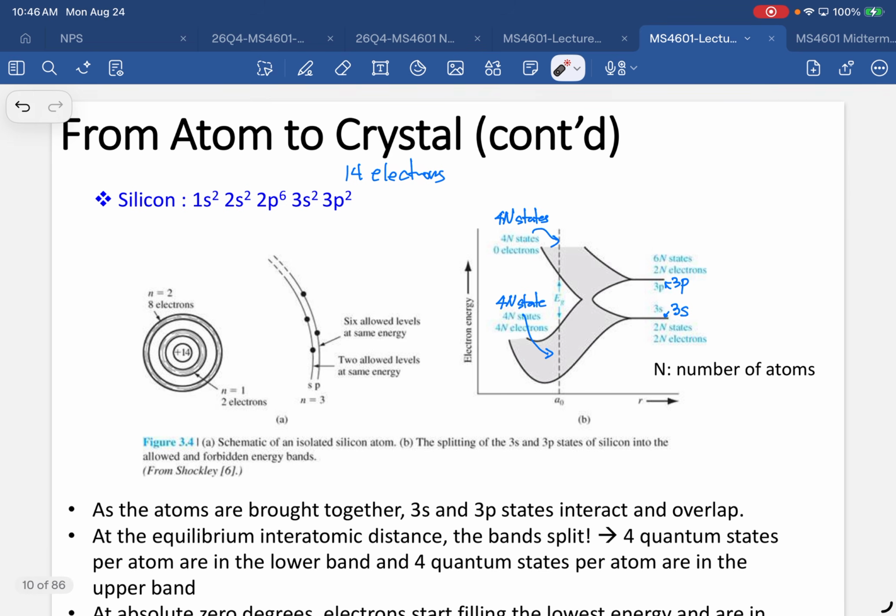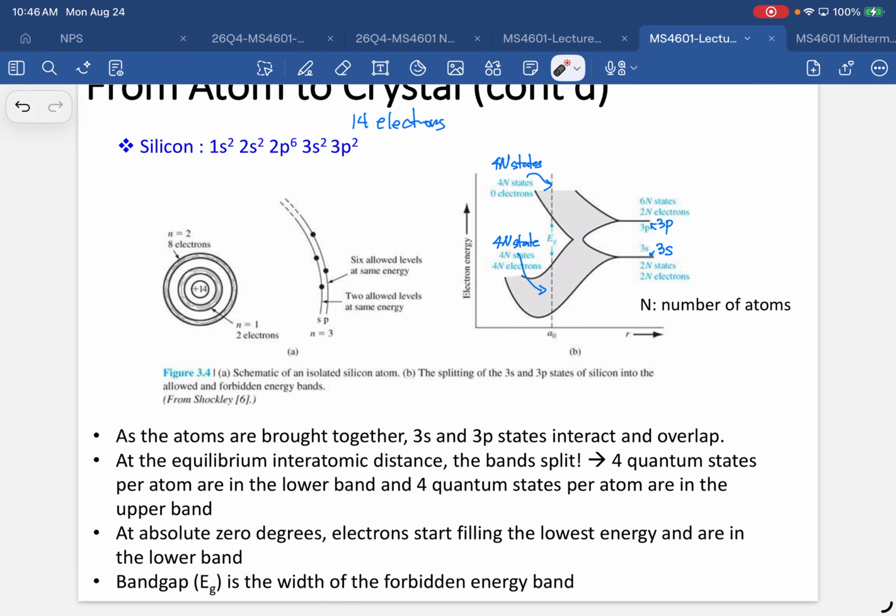So here, at the equilibrium interatomic distance, the band is split. 4 quantum states per atom are in the lower band, and 4 quantum states per atom are in the upper band. Okay? So what does it mean? We had 4 electrons, right?